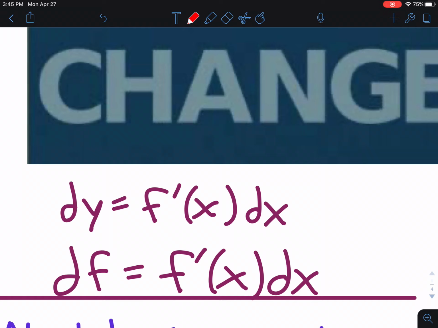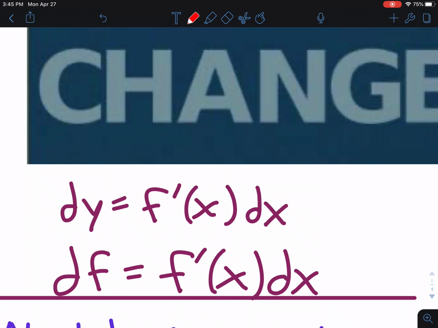So remember, the differential dy, which represents the approximate change in the y values, is the derivative of your function times the change in x. Remember, delta x and dx are going to be the same thing.